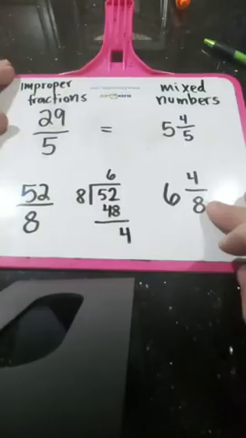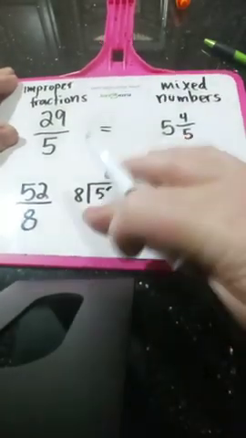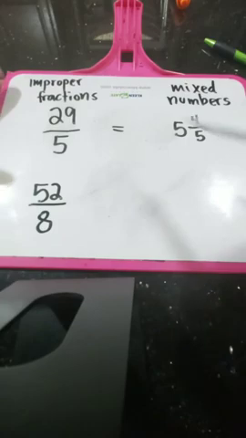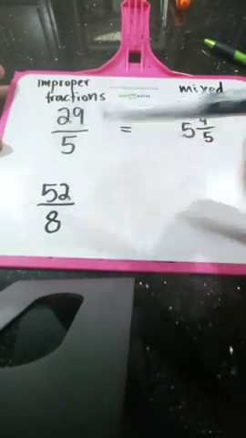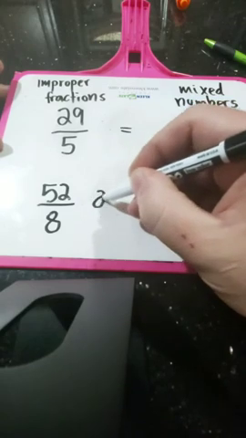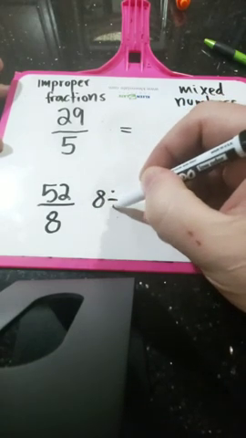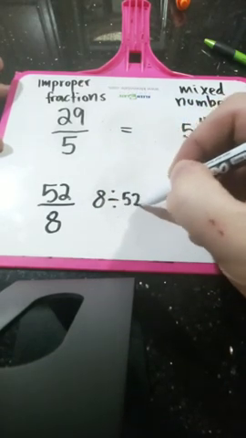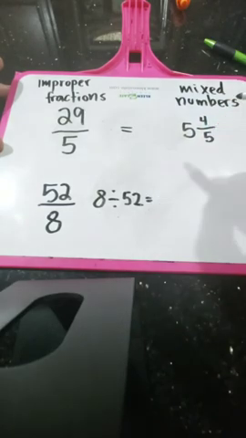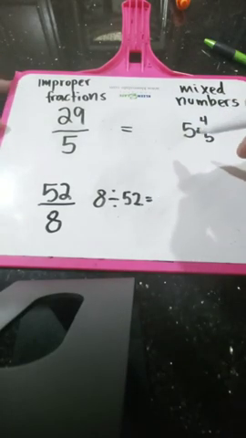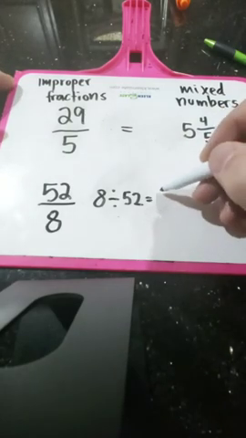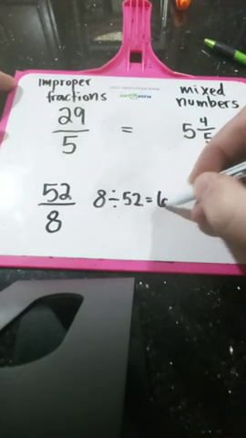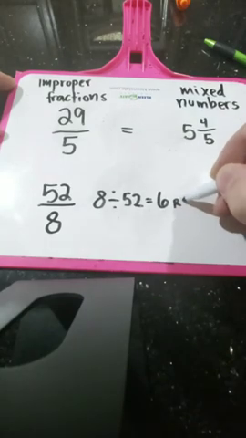So quickly, let's go back over one more time how we did that, so you guys don't get confused. We took our denominator and we divided it into our numerator. So 8 divided by 52. Because it doesn't go in there evenly, it can go in 6 times with a remainder of 4.